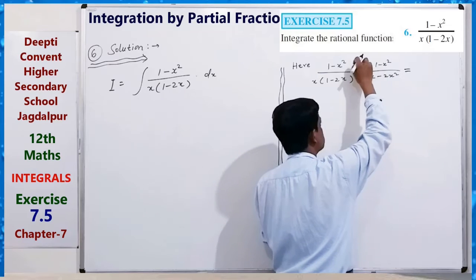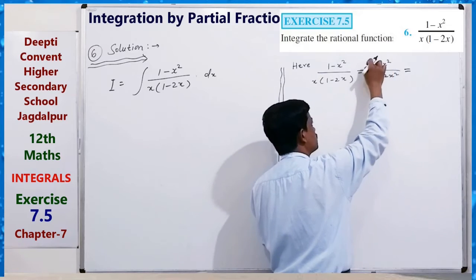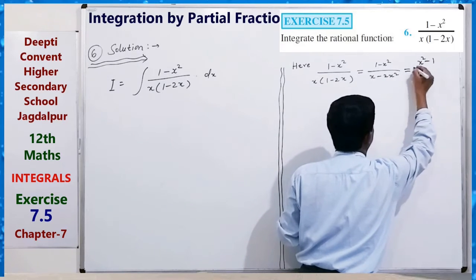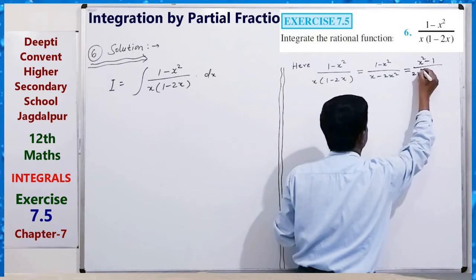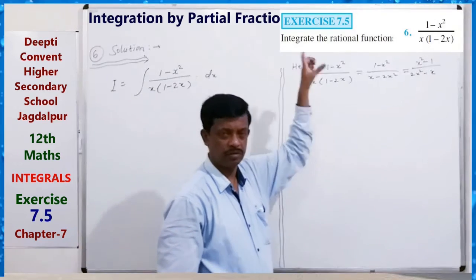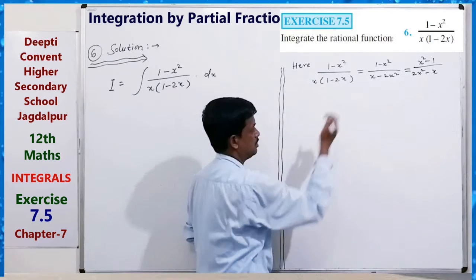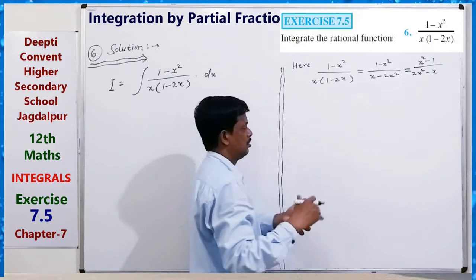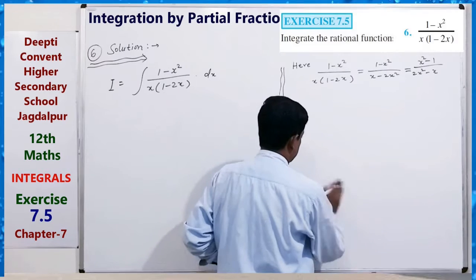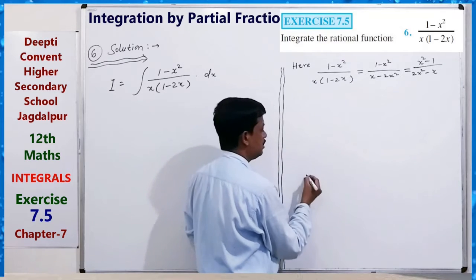So taking minus common, we get (x square minus 1) upon (2x square minus x). We can write it like this, taking minus common from both. On the rough sheet, you have to divide it.